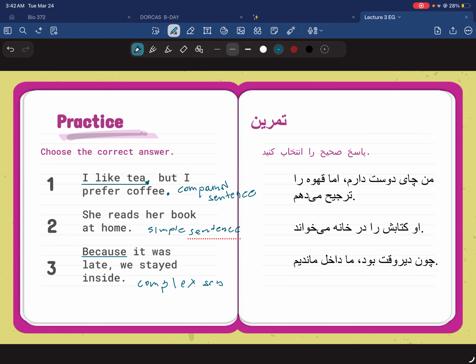We stayed inside is going to be the complete idea. Because it was late is going to be kind of like an incomplete idea. It has to have this we stayed inside in order for us to understand what it's talking about. Because it was late, it doesn't really make sense alone. So this is going to be a complex sentence.